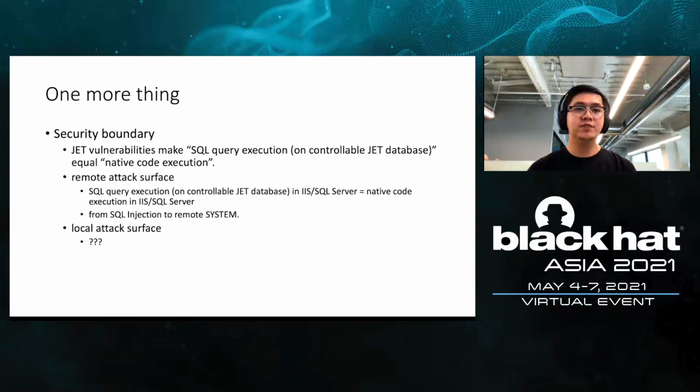In today's presentation, we combined SQL injection with WebDB to bring SQL query execution capability to IIS and SQL Server. It means we can get native code execution capability in IIS and SQL Server with JET vulnerabilities. This is a remote attack surface. The security boundary is from SQL injection to remote system.